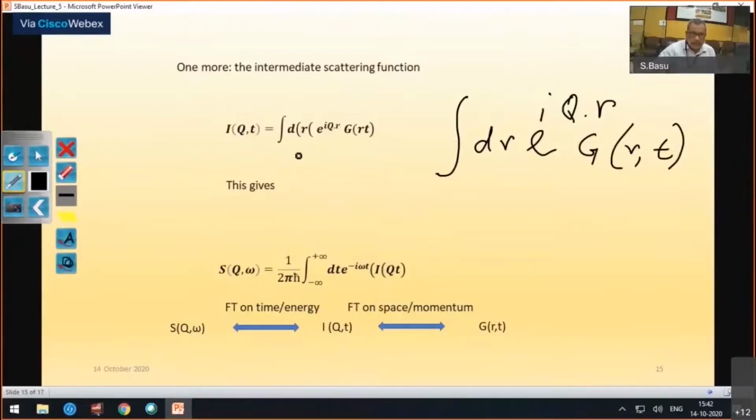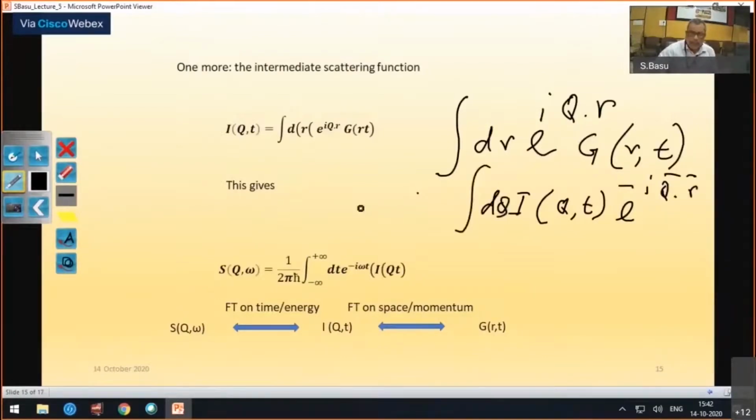So this is a space Fourier transform of g of r t. Vice versa, if I do the integral over I of q t, e to the power minus i q dot r dq, then I will go to g of r t.